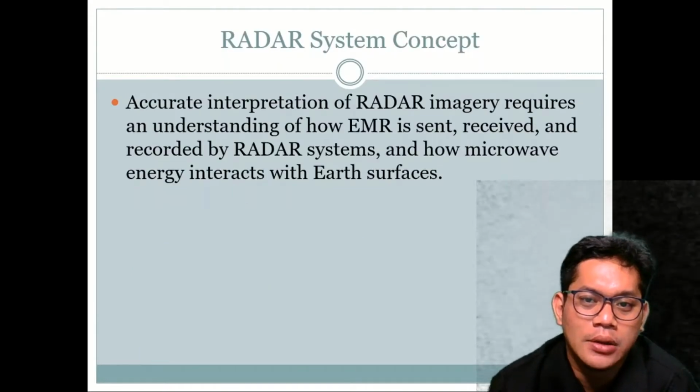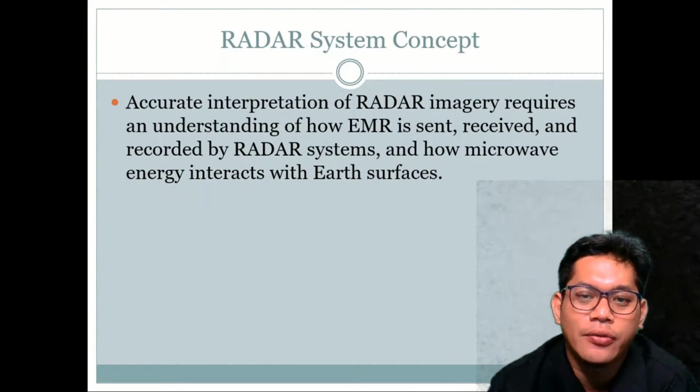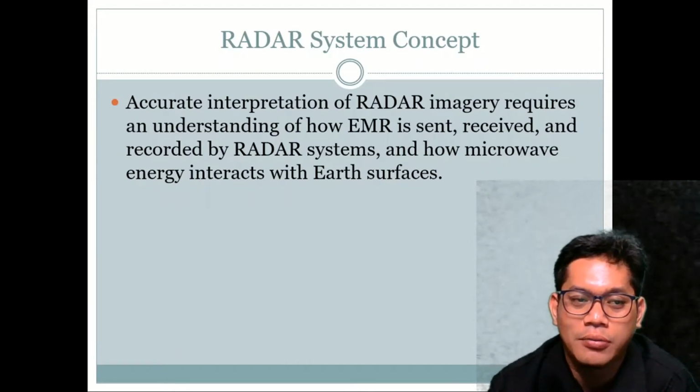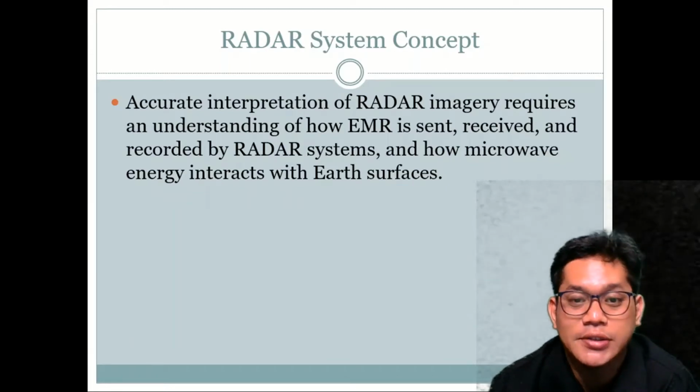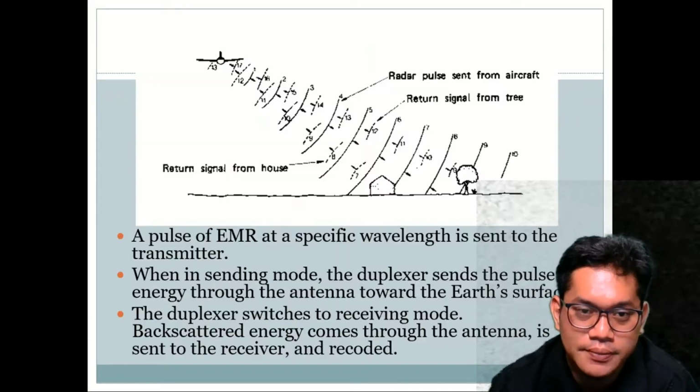But interpreting radar is totally different from normal multispectral data from normal remote sensing. It requires an understanding of how the EMR is sent, received, and recorded by radar systems, as well as how microwave energy interacts with the Earth's surface.